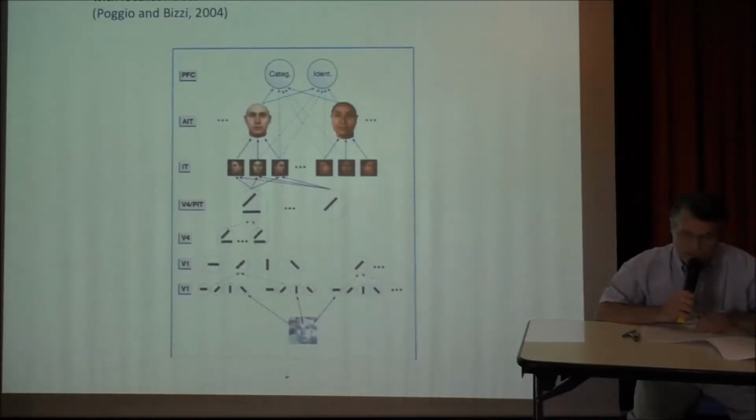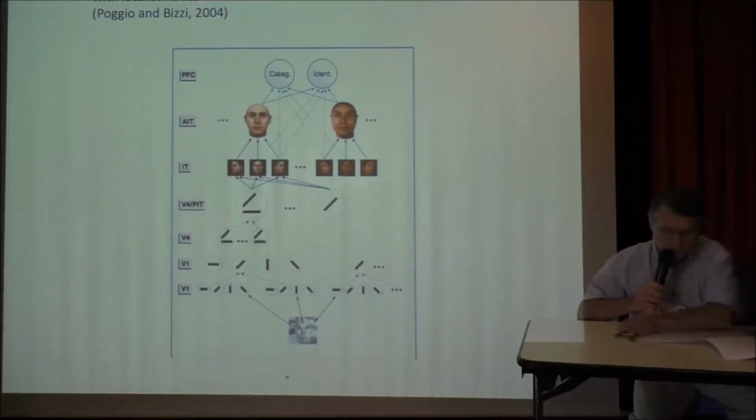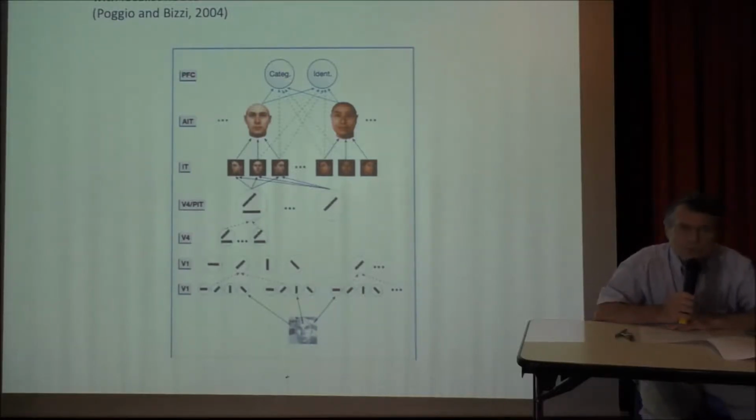And here's Poggio and Bizzi's modeling of the representation of categories in a hierarchically organized set of cells, the ones at the top of the hierarchy responding to categorized entities. So several issues have led to confusion about localist and distributed representations, and I'm going to just mention two.